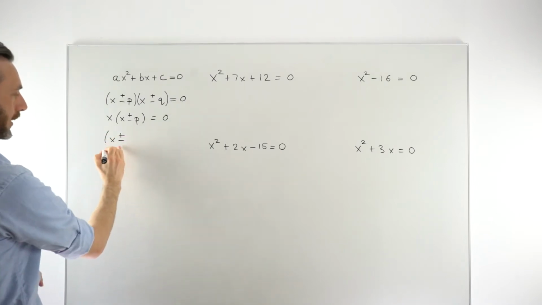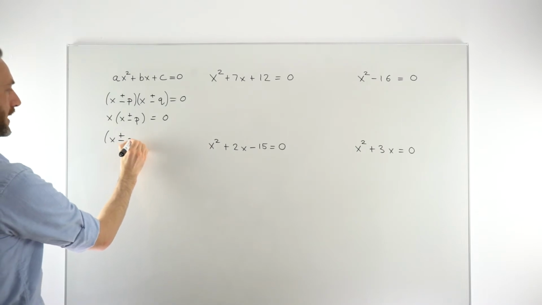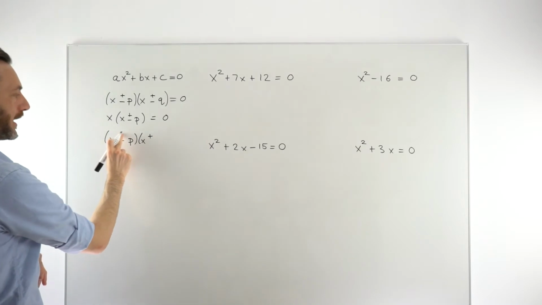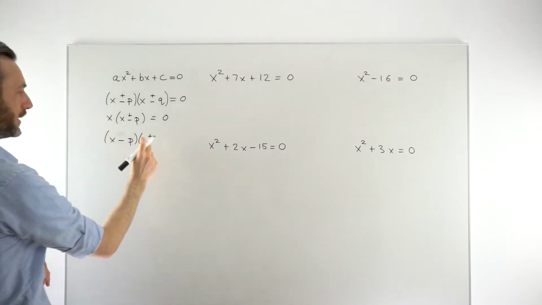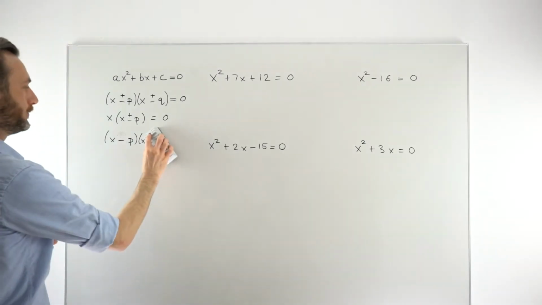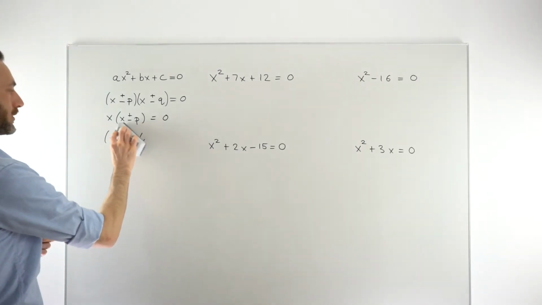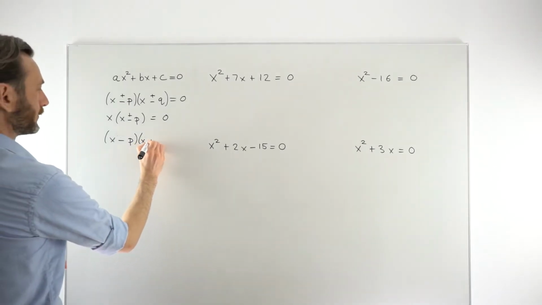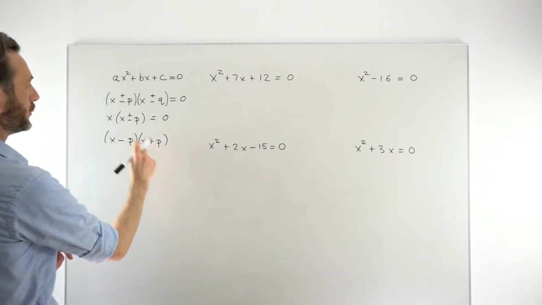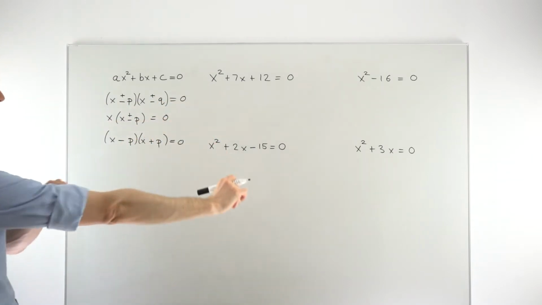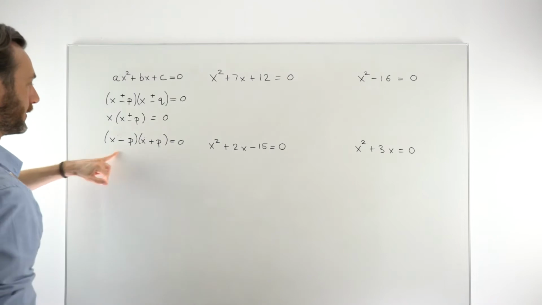That would be x minus p, and then x plus p. A difference of squares factorises in a very particular way. So those are your three options: factorising as a trinomial, factorising using a common factor, and factorising as a difference of squares.